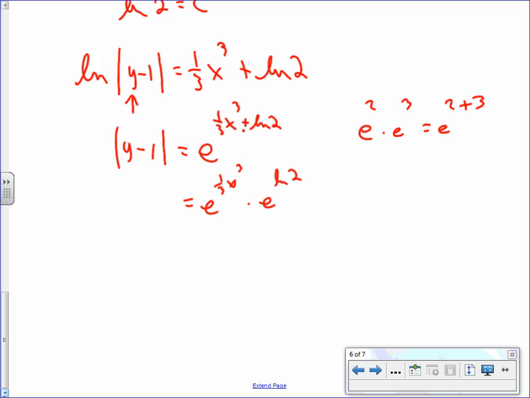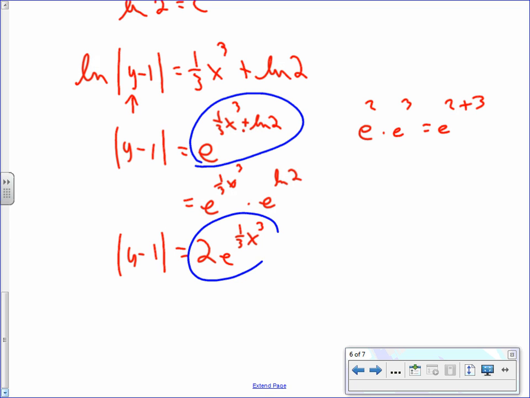What is e to the ln of 2? It's 2. If you don't do it and it's free response, they don't care. But if it's multiple choice, it's probably going to be done like this. If you left it just like this and did everything else, then they don't care on free response.